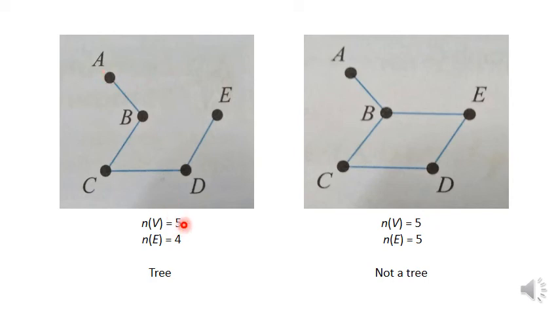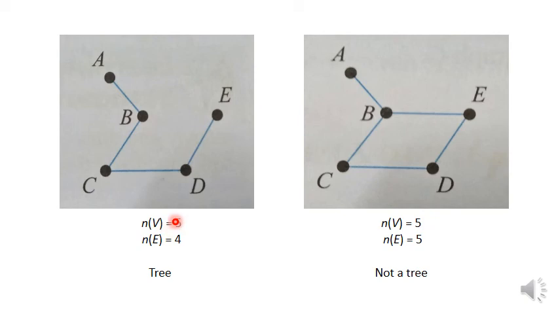Look at the dots. This dot is 1 vertex. Next, 2 vertices. Next, 3 vertices. Next, 4 vertices. Next, 5 vertices. A dot is a vertex. So, number of vertices is 5.